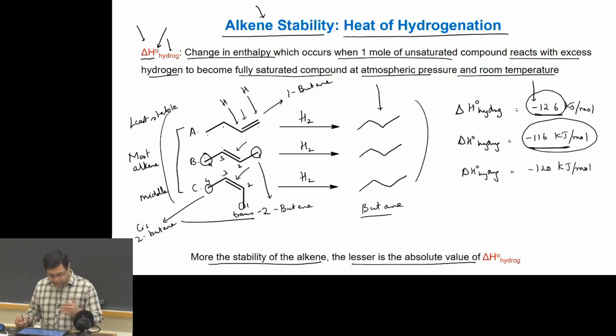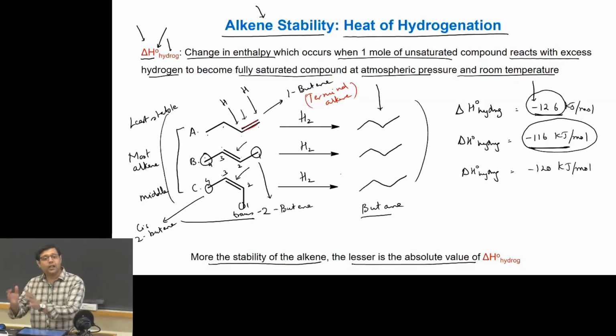Now, if you look at the difference between A versus B and C, A is called a terminal alkene. Terminal alkene means the double bond will be at the end of the chain, at the end of the molecule.